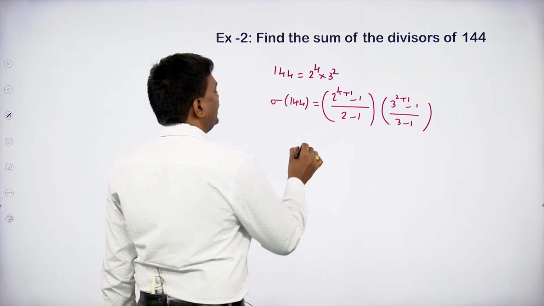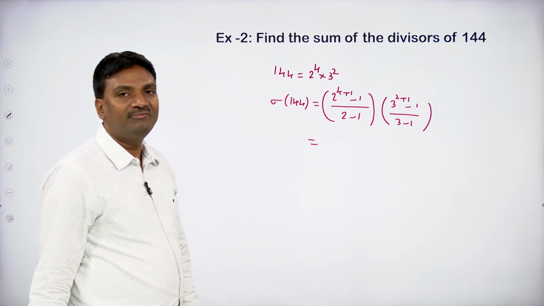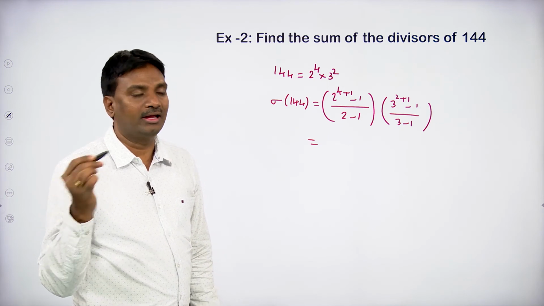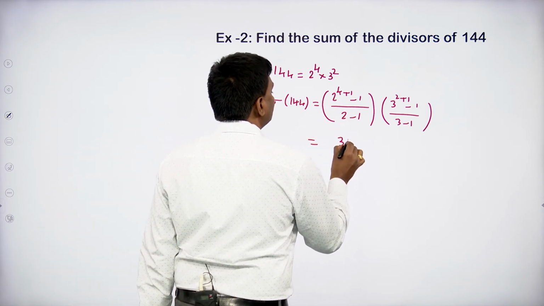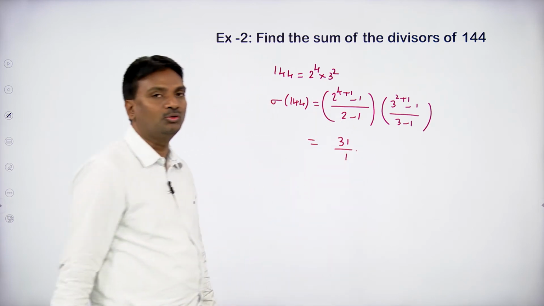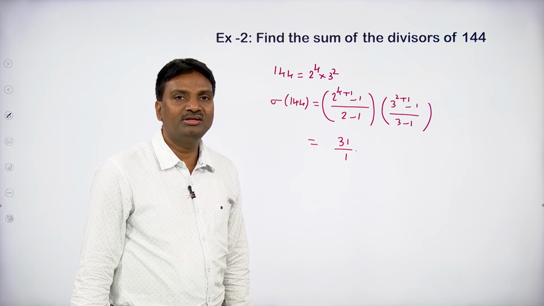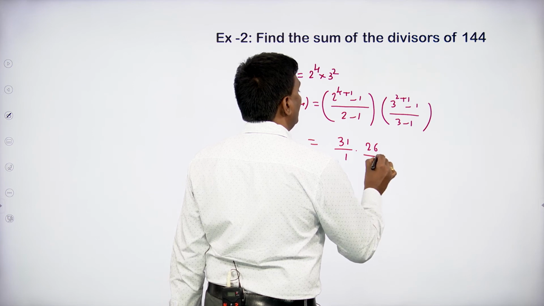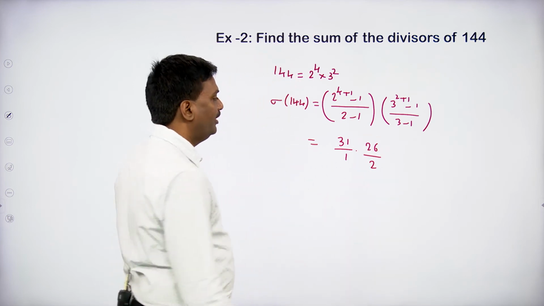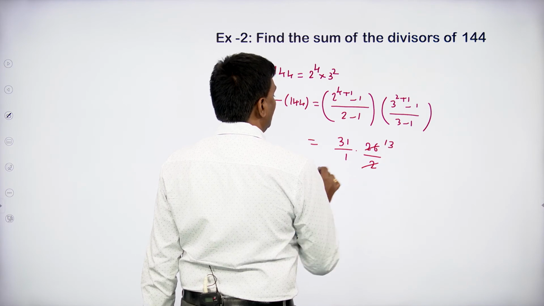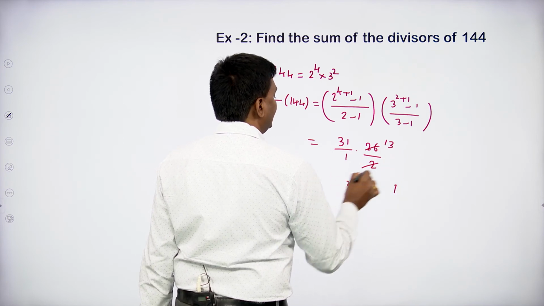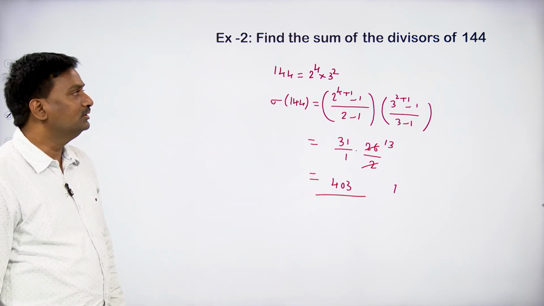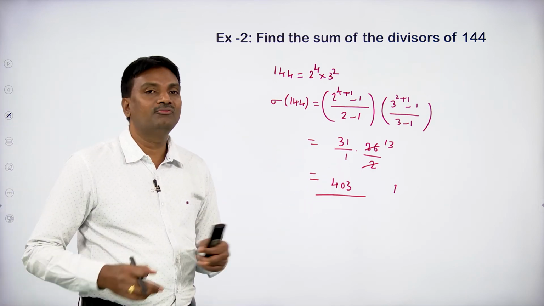By simplifying, what we get: 4 plus 1 is 5, 2 power 5 is 32, and 32 minus 1 is 31, by 2 minus 1 is 1, into 3 power 2 plus 1, that is 3 cube, 27, 27 minus 1 is 26, by 3 minus 1 is 2. So we can cancel 26 by 2, 13 times. 13 into 31 is 403. So by adding all the divisors of 144, you will get 403.